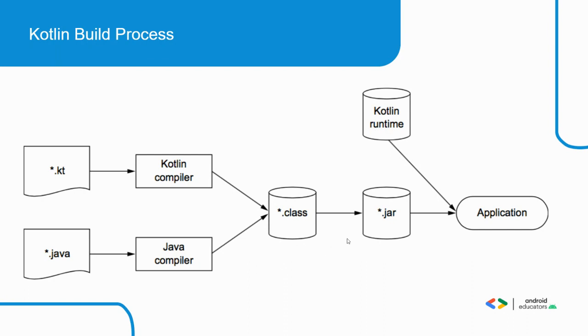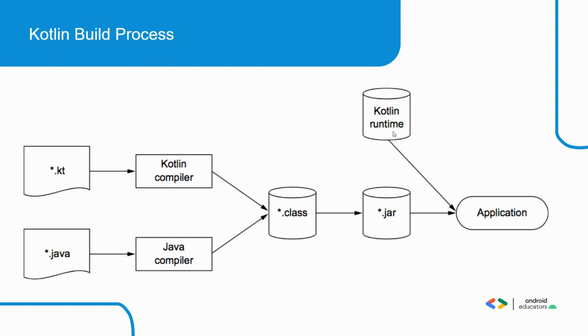And then it will get converted to a jar, and then the Kotlin runtime converts that jar, or whatever file, to the application you are building. So this runtime works with the system. In Android, the Kotlin runtime works with the Gradle system, and they both work together to create APK files.